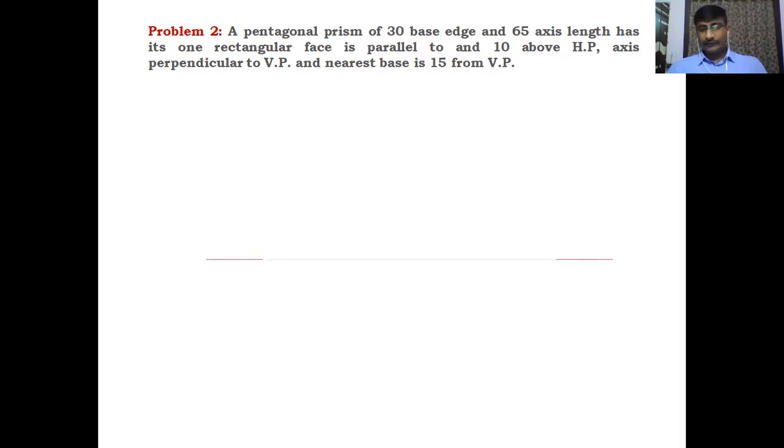First of all, draw the XY line and draw one base of the pentagon parallel to XY, at a distance of 10 mm. Based on this edge, you have to construct the pentagon. At a 10 mm distance, draw a line whose length is equal to the 30 mm base edge. This is A dash of 1 dash, B dash of 2 dash, the corner points.